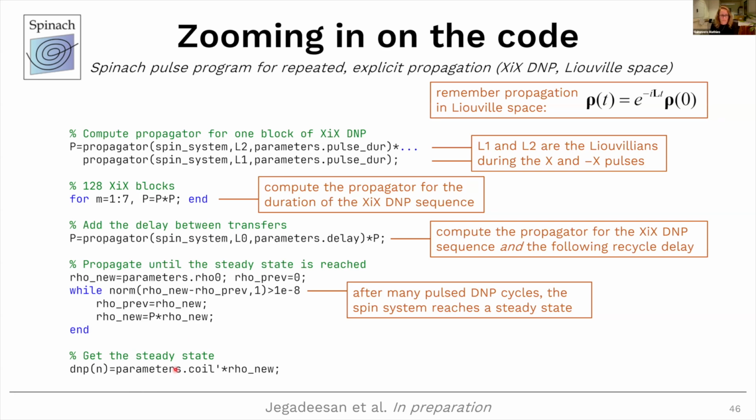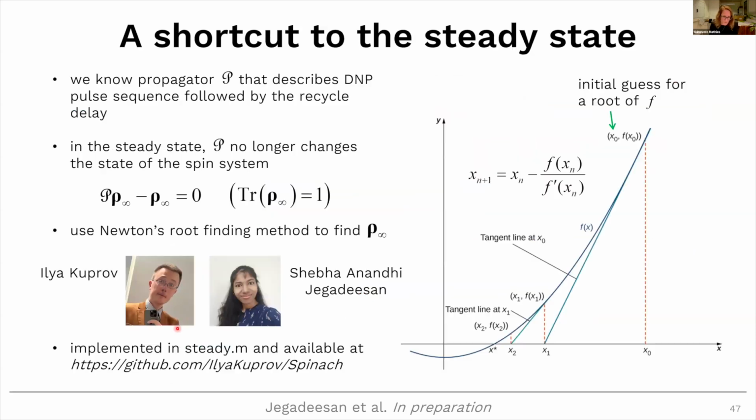Now this code, and especially the way that we check if we've reached the steady state, suggests a shortcut to go to the steady state. So we know the propagator, P, that describes the DNP pulse sequence, followed by the recycle delay. We can calculate that. Now, once we've reached the steady state, P no longer changes the state of the spin system.